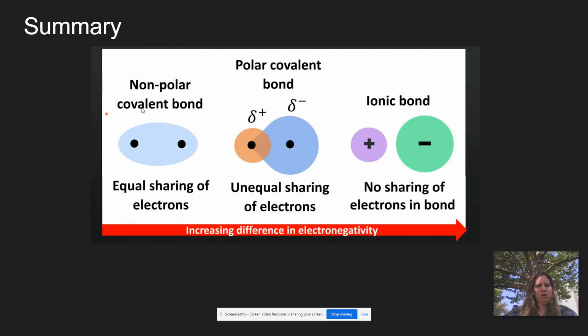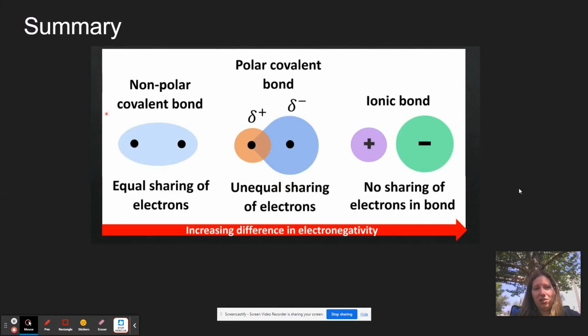The valence electrons are shared between the two. If the electronegativity difference is a little bit higher, you can get a polar covalent bond where the atom with a stronger pull is going to be partially negative, and the end of the bond with the lower electronegativity is going to be partially positive. So different poles, negative pole, positive pole.